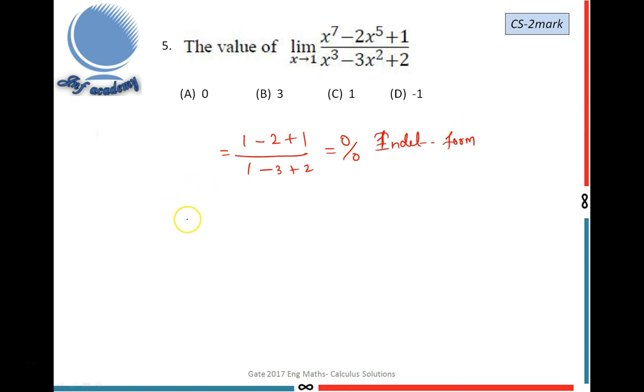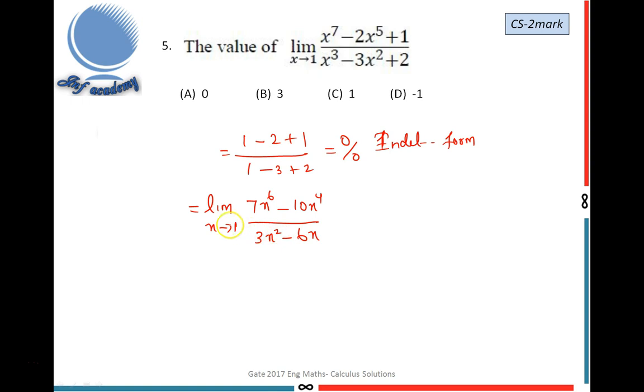So in the next step, I apply L'Hospital's rule. The derivative of the numerator is 7x power 6 minus 10x power 4, since 5x power 4 times 2 is 10, plus the derivative of 1, which is 0. The derivative of the denominator is 3x square minus 6x.